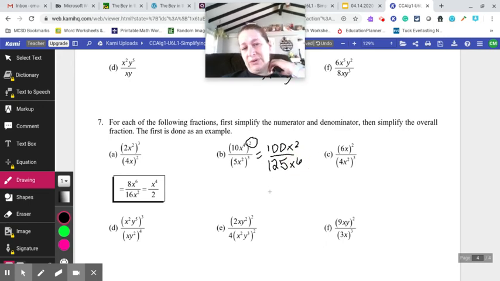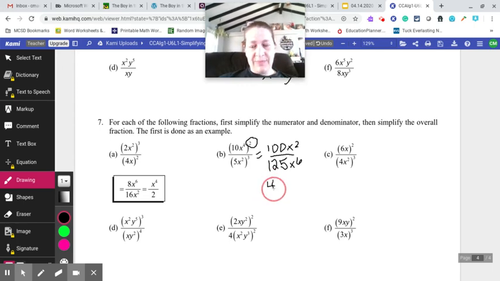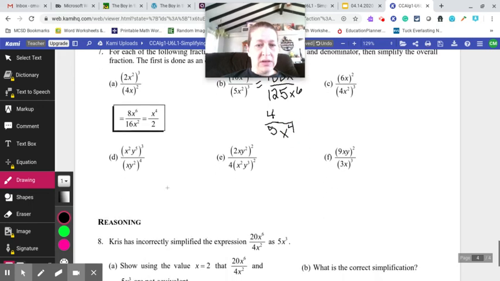Okay, we're going to reduce those, which is 4 over 5. And then 6 is the largest of the exponents. And 6 minus 2 is 4. Okay, let's look at letter D.